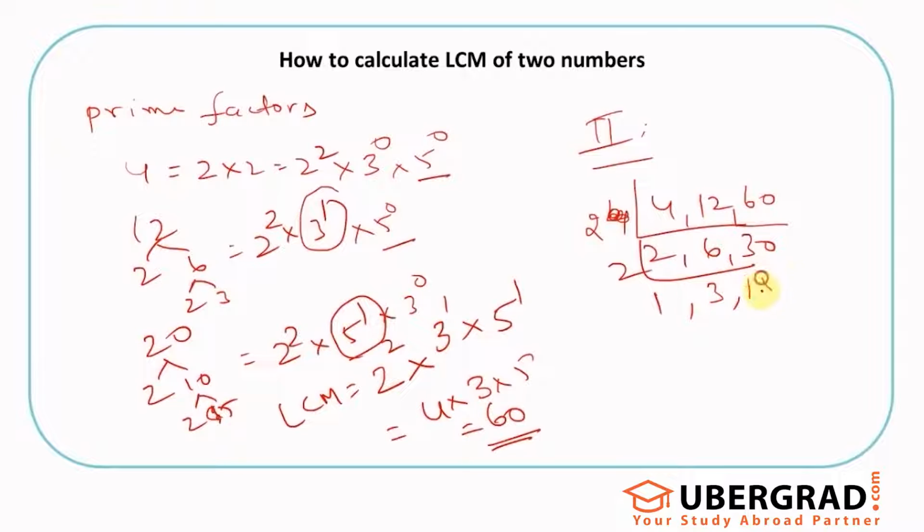I can't divide 1 by any other number, but if you have multiple numbers, the logic is that if I can write any prime number here which can divide two of these, that is good enough for us. So I won't touch the 1, but 3 ones are 3 and 3 fives are 15. Now I stop here because I can't divide further. So it's 2 into 2 into 3 into 5, which is again 60. This is the other way to find the LCM.